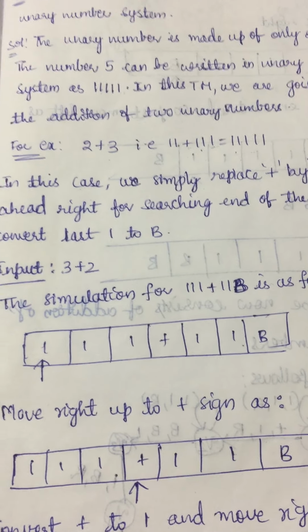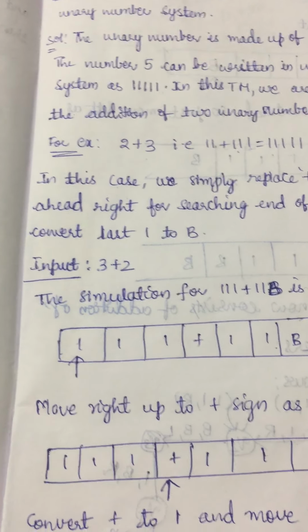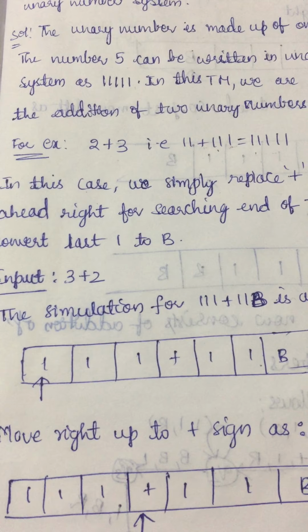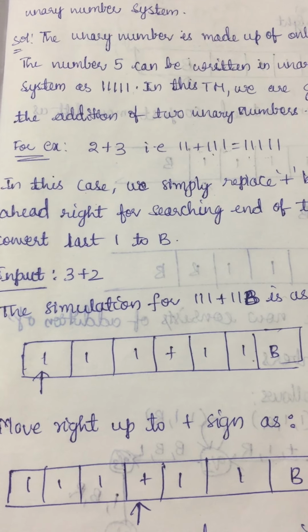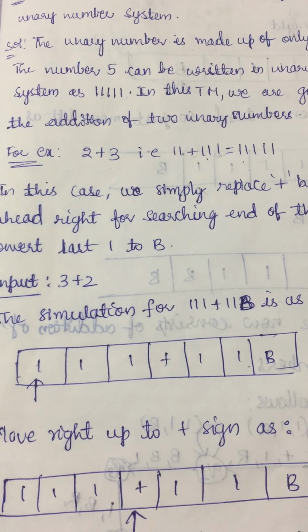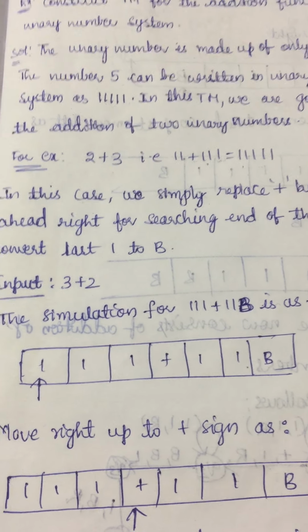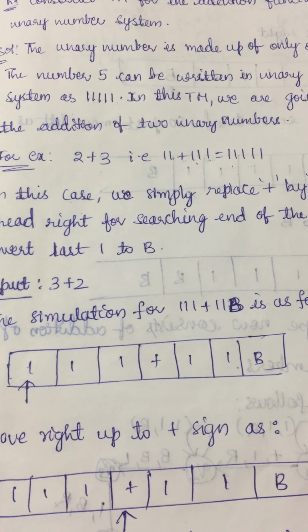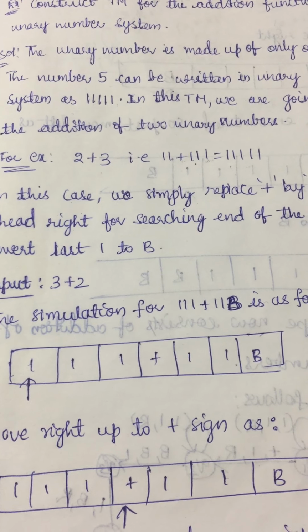If they ask in the semester exam to design a Turing machine for so and so example, then you have to mention it in this step by step manner. In the last video I discussed one example, L equal to a power n, b power n, c power n. There I showed you how to design a Turing machine.